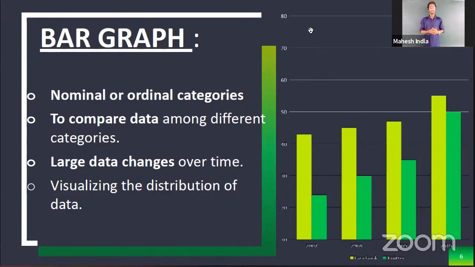The length or height of each bar represents the value of the data. Normally, we use bar graphs when we have categorical or discrete data.